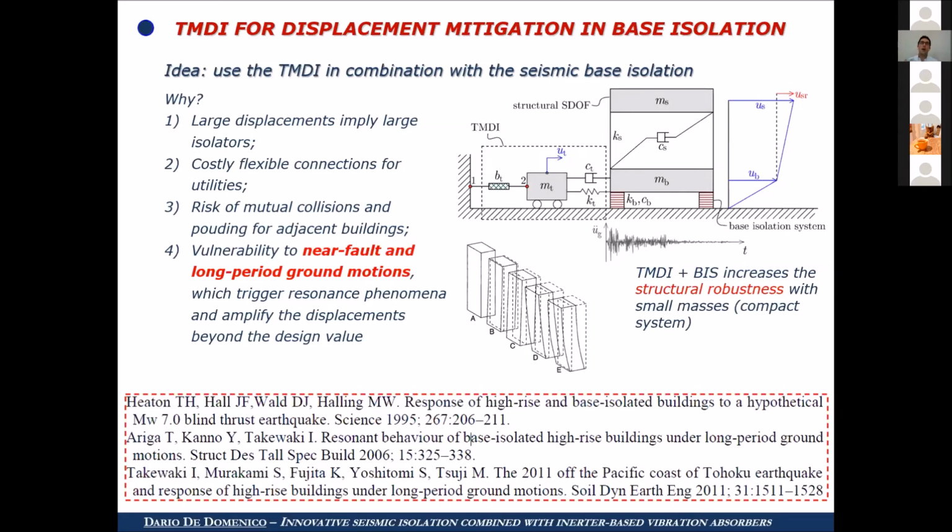I think about elevators, gas ducts, electrical conduits, or pipelines, and everything that should accommodate the displacement of the isolation system. We also reduce the risk of mutual collisions between adjacent isolated buildings, which is a critical problem in densely populated areas like, for example, in China.